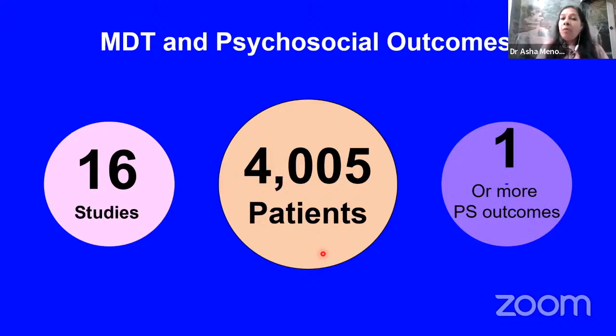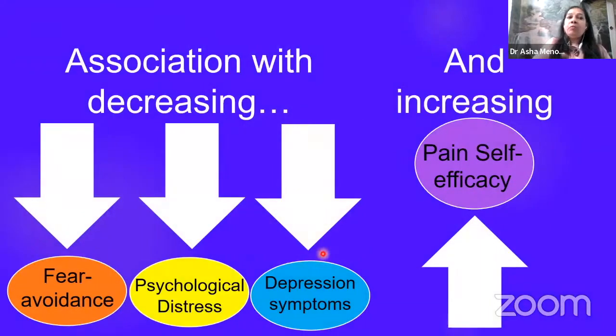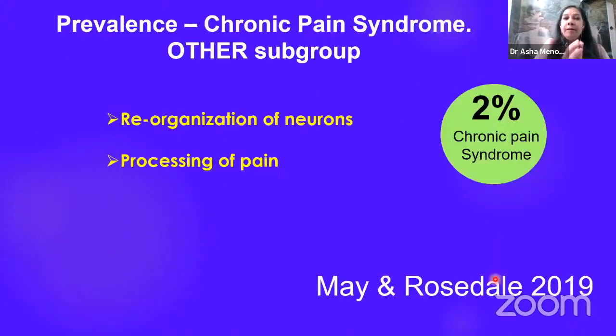There were one or more psychosocial outcomes identified here, and the association was decreasing fear avoidance in all the patients, psychosocial distress was decreasing, depression symptoms were decreasing, and what is so important was that pain self-efficacy was increasing. That is, a patient's confidence level was increasing, and we were able to handle or tackle these various pain and disability drivers that we have identified.